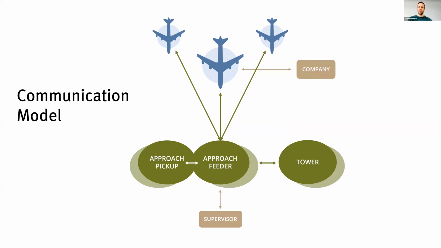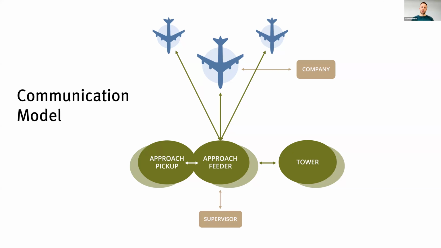Air traffic controllers are in charge of communication and direct air traffic. They make sure that from the start of an aircraft to its landing, everything follows a safe, structured, and efficient pipeline. And in this project, we focused in particular on the approach position, or more specifically, the feeder position.